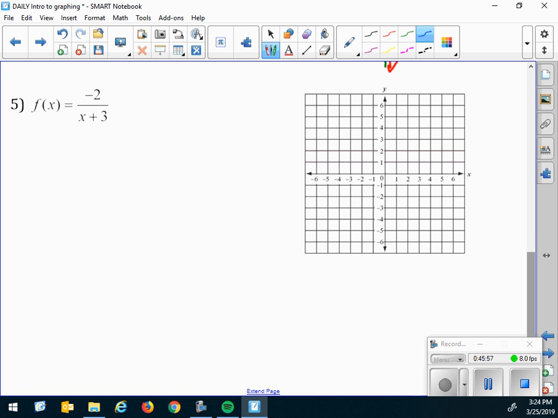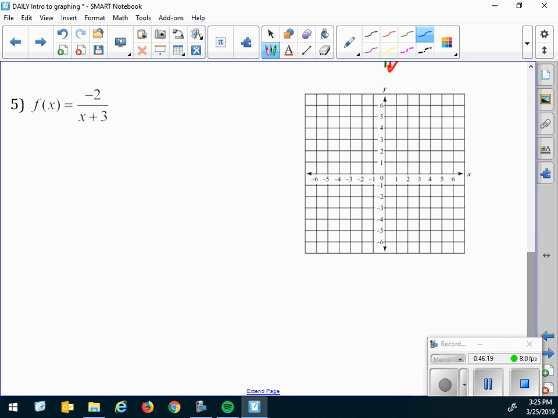Here's what we're going to do on this one. All we're going to do is decide what the transformations are and write the new point. Let's look at the transformations. What are the transformations?